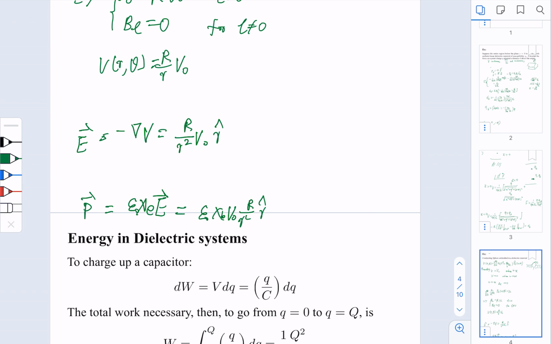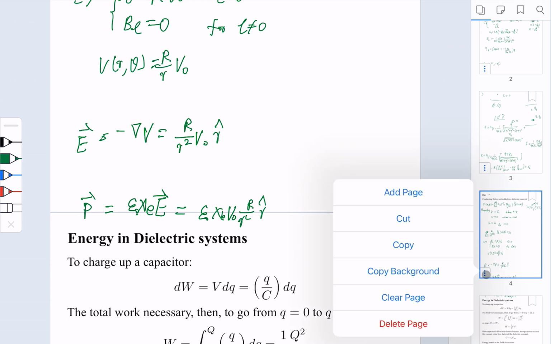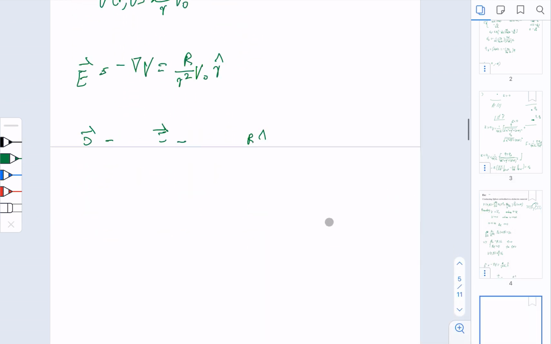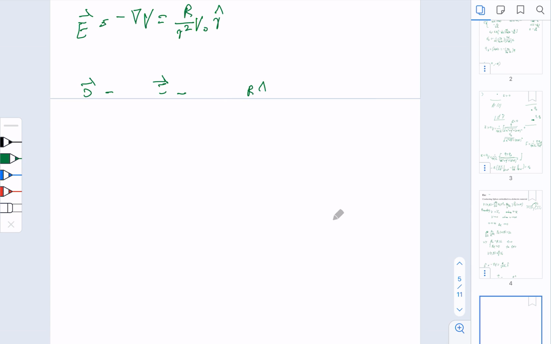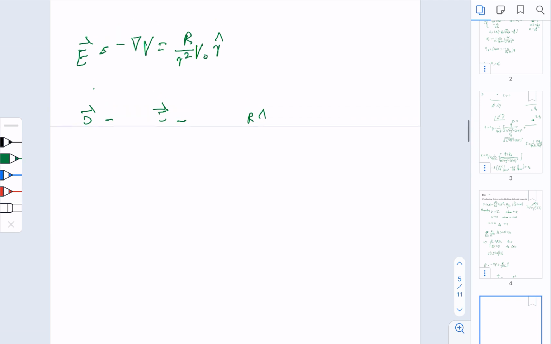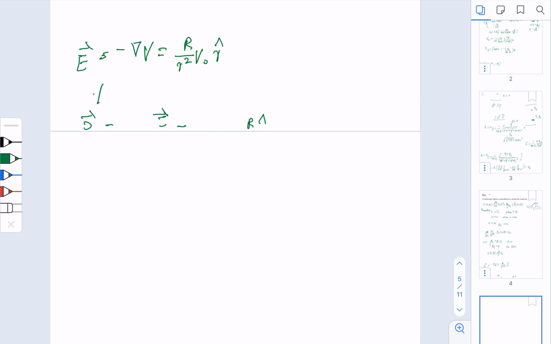For the bound volume charge, here I want to rewrite this P vector.